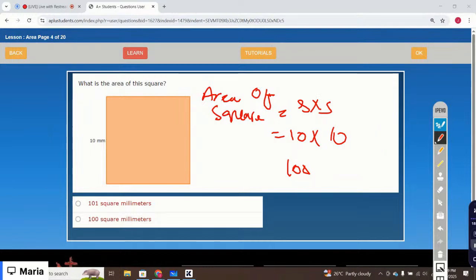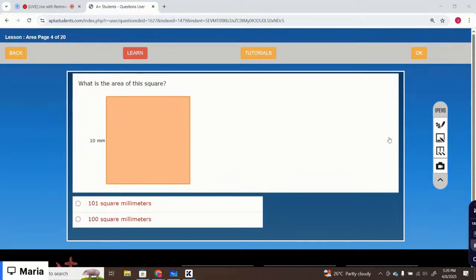Option number 2 is the correct option. So that is 100 square millimeters.